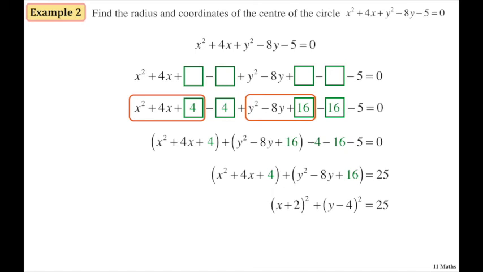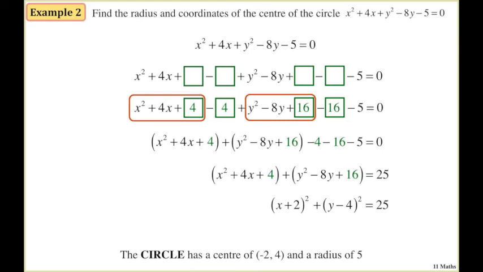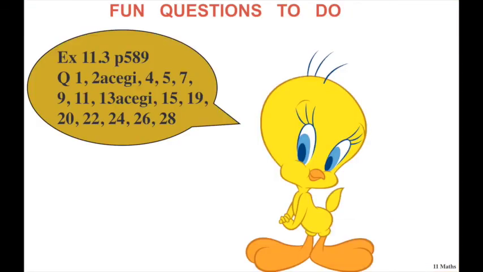We can read the centre and the radius off from that. The centre is -2, plus 4, and the radius is the square root of 25, which is 5. So that's how we deal with those types of circle questions. Now it's time for you to do some work.